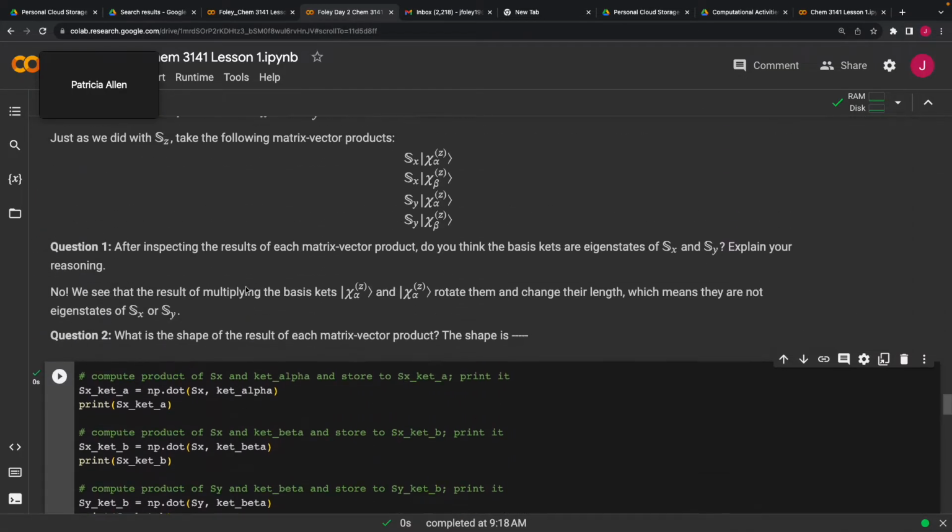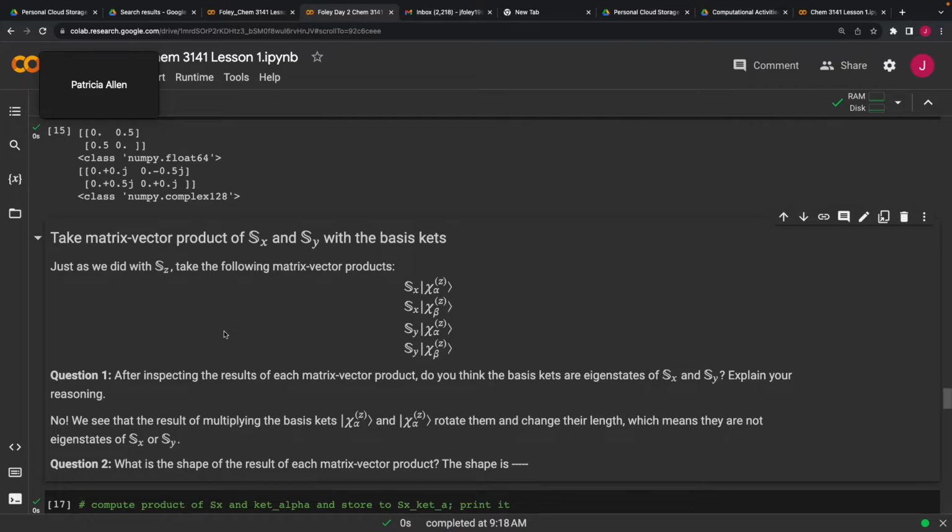Any questions about how to answer those questions in these cells? Do I expect you to format your math nicely? No. It's totally fine to just answer with plain text.